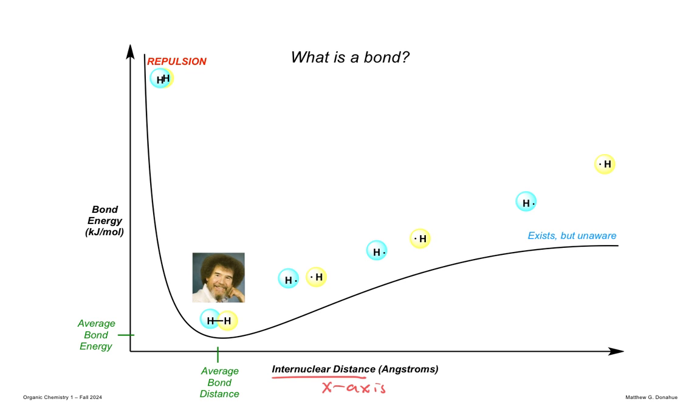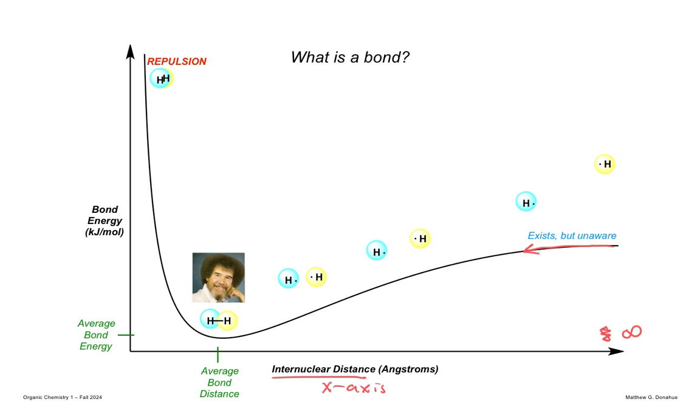So you can think of this over here as infinity. So you have two atoms of hydrogen coming together. They're each going to supply one electron to form a bond. So they're really far apart. They exist, but they're not aware of each other.